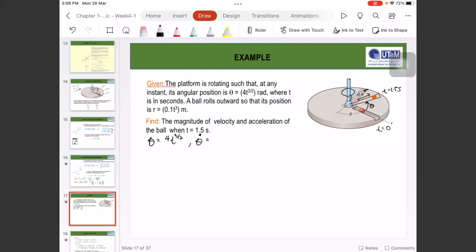Bezakan terhadap t, you have 12/2 t^(1/2), kan? Theta double dot is equals to 6 lah.